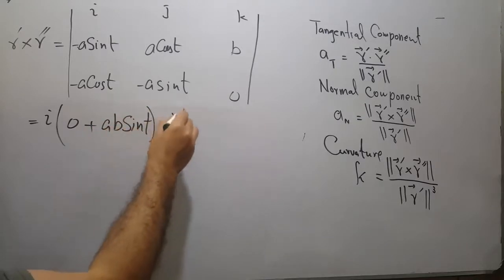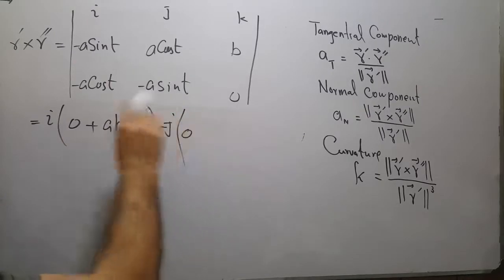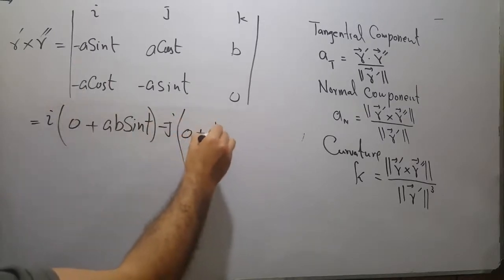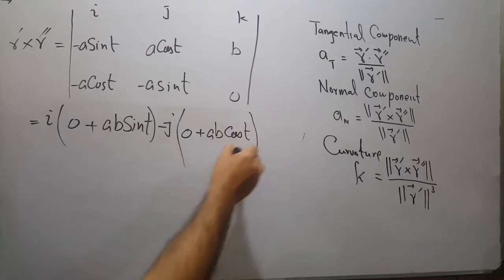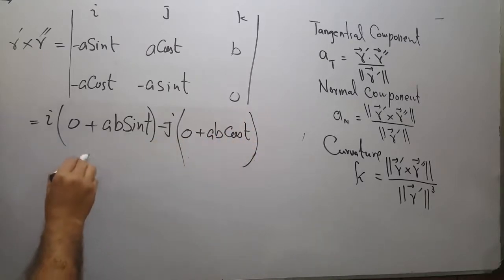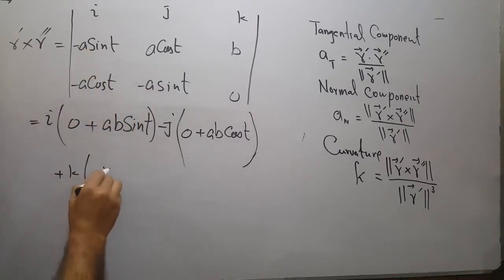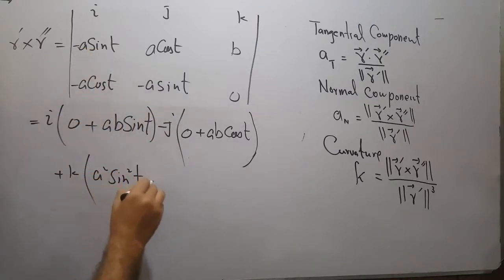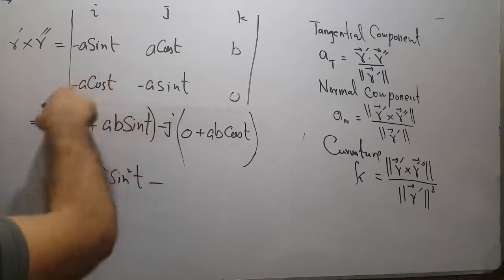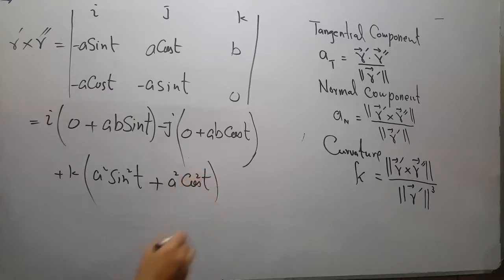Then minus j: we leave this thing, this into this is 0, and minus plus ab cos t. And then for k, that is minus plus a square sine square t, and this minus again plus a square cos square t.